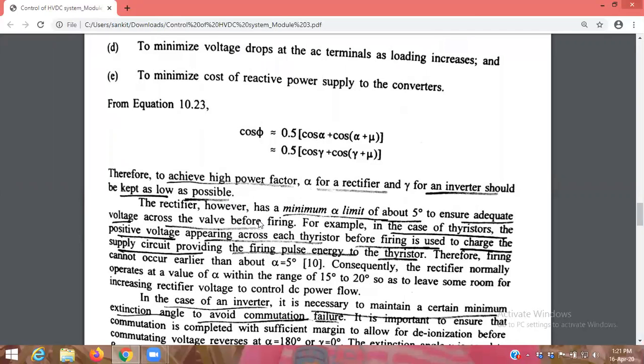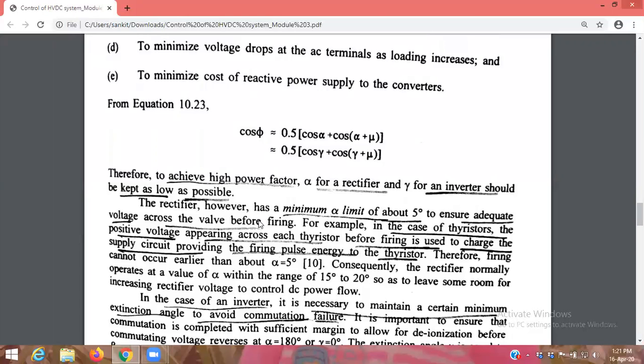However, if we think about the rectifier, there is always a minimum firing angle delay we need to provide. Why? Because when the voltage at the thyristor valve becomes positive, until you fire the gate circuit, the voltage across the SCR terminal is used to charge the circuit that provides the firing pulses to the thyristor.